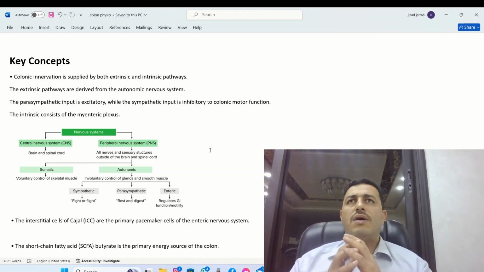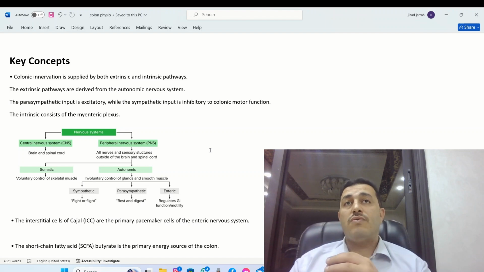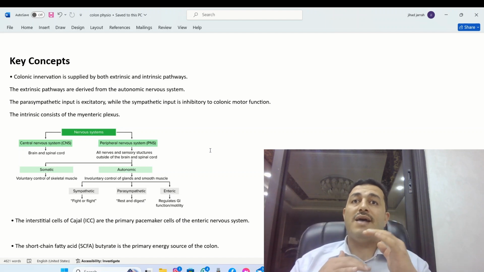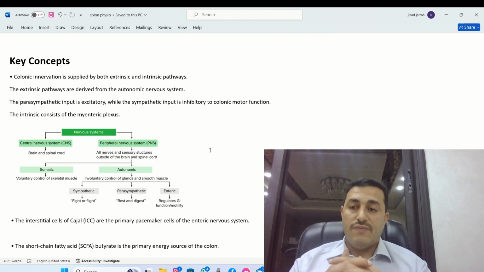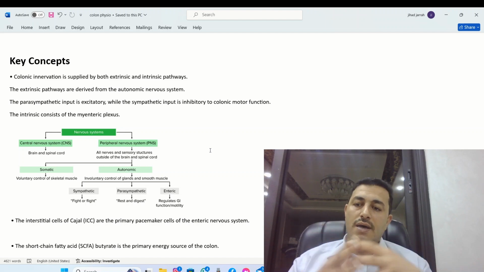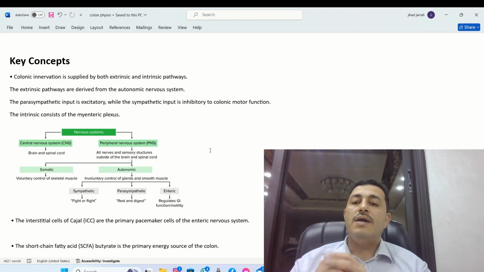Even when we talk about inflammatory bowel disease and irritable bowel syndrome, the hypothesis that exists now is that there is a brain-gut axis that may explain the pain in irritable bowel syndrome, for example.